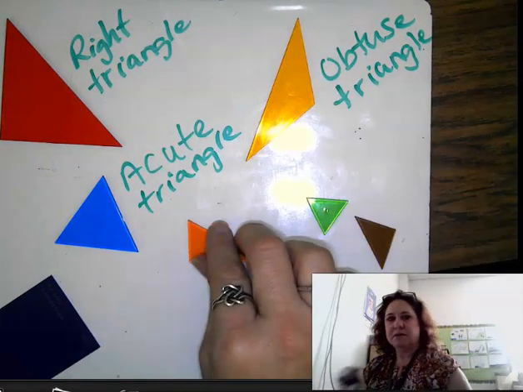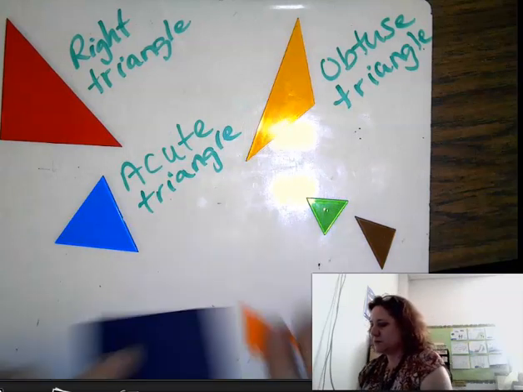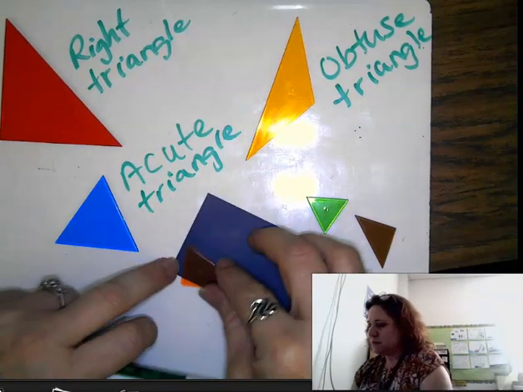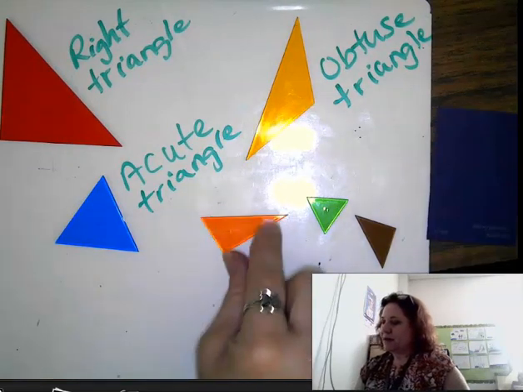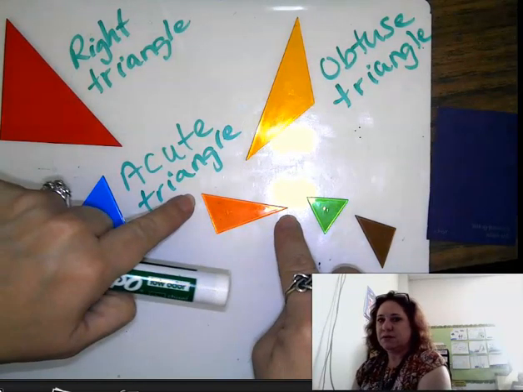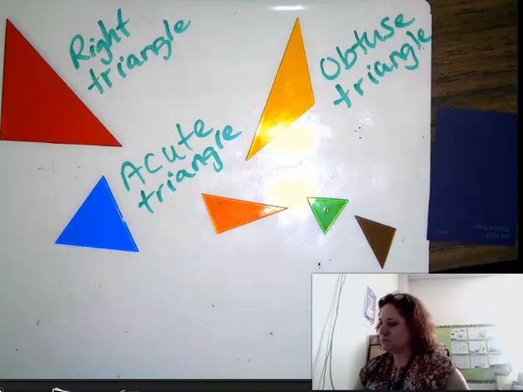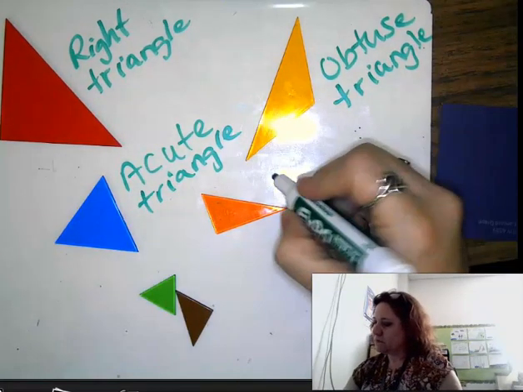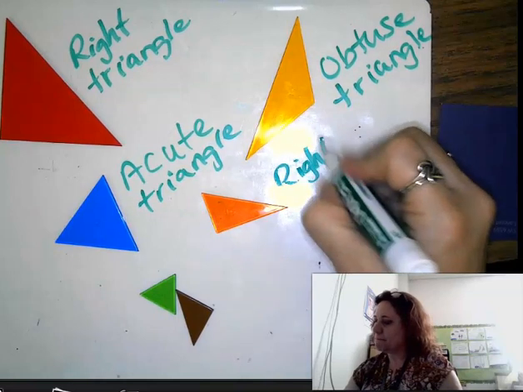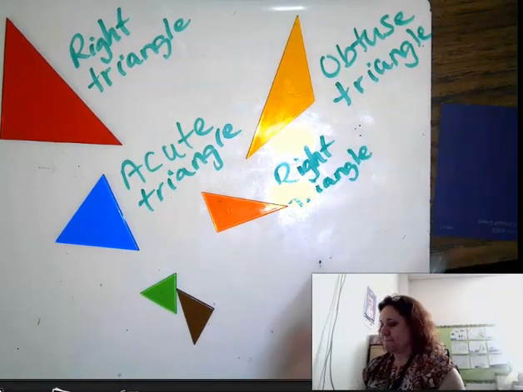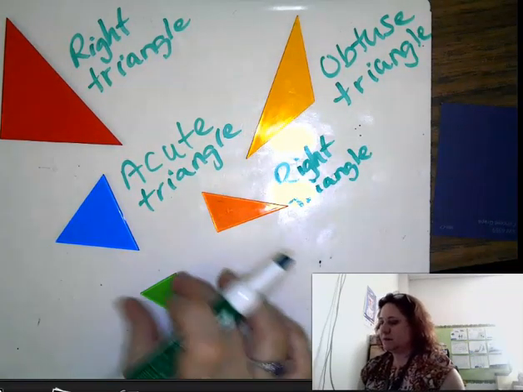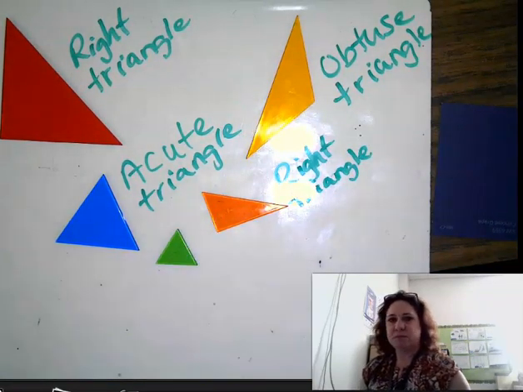Okie dokie. Here's another one. Looks like a right angle to me. Yeah, there's a right angle there. Okay, so when we have a right angle, the other two will be acute. So we have ourselves another right triangle. Okay, let's look at this green one.